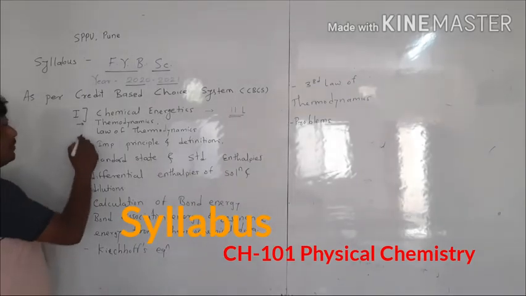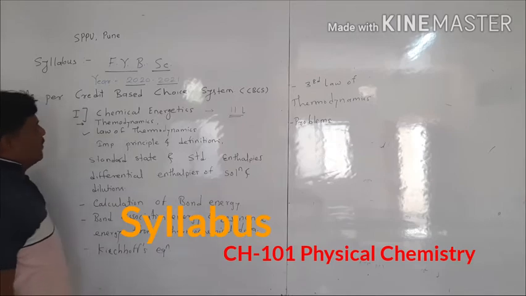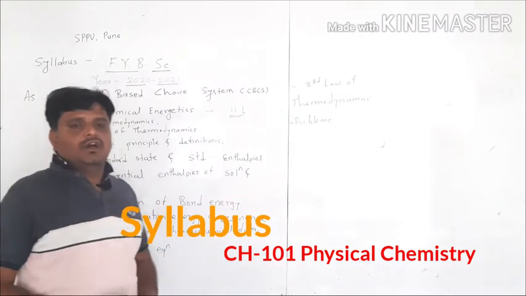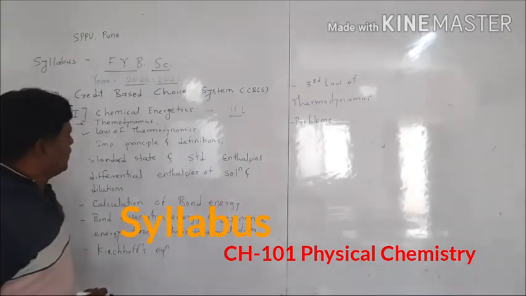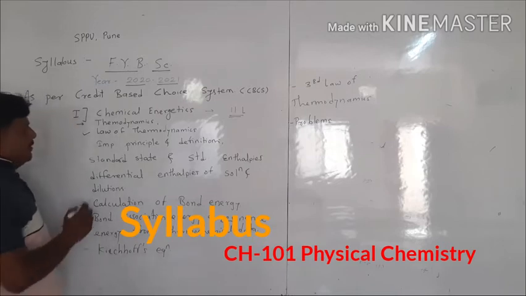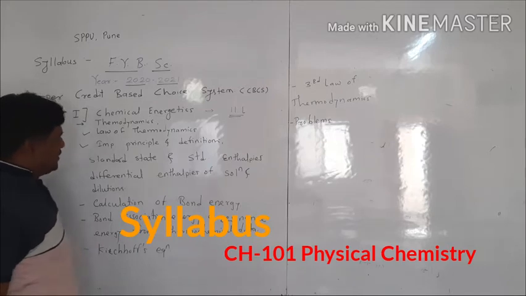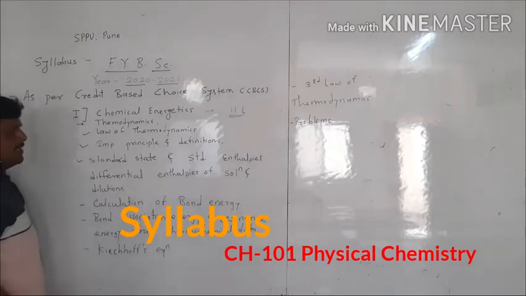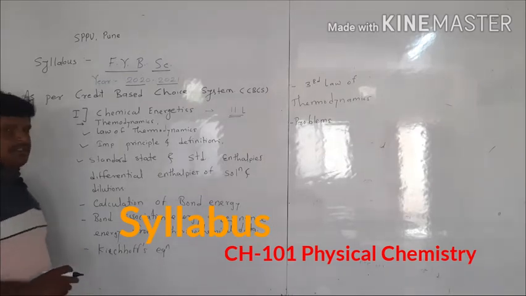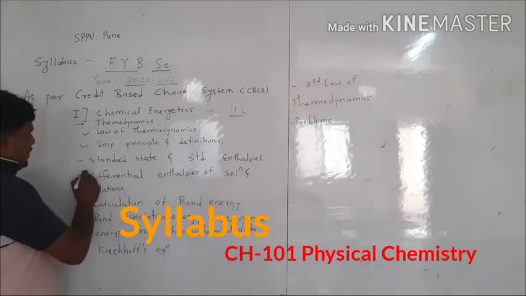So this is the first point, laws of thermodynamics. In this we discuss in detail the first law, second law, third law, zeroth law of thermodynamics and its problems. Then the next one, important principles and definitions of thermodynamics. Then standard state and standard enthalpies, enthalpy of reactions, and different types of problems are discussed in that point.